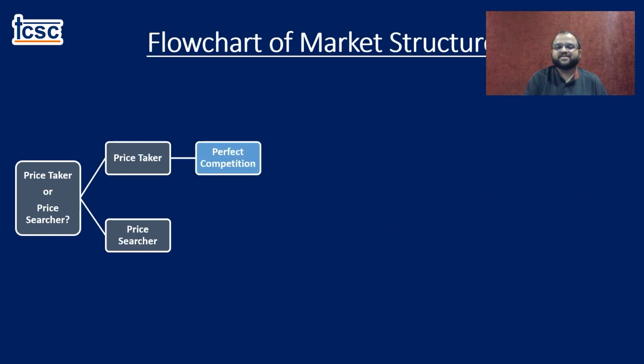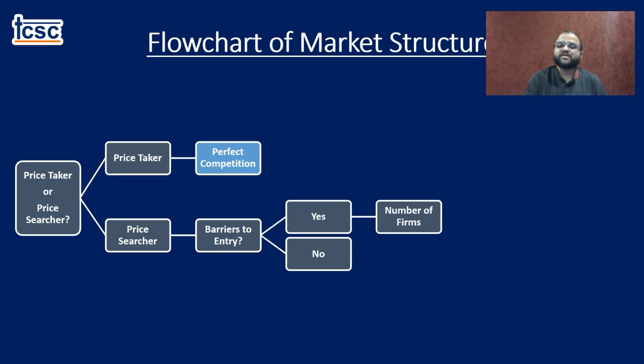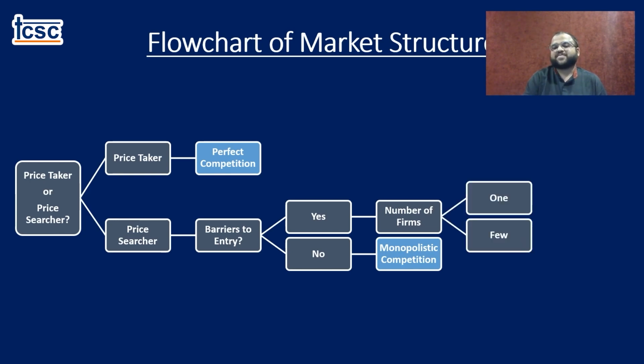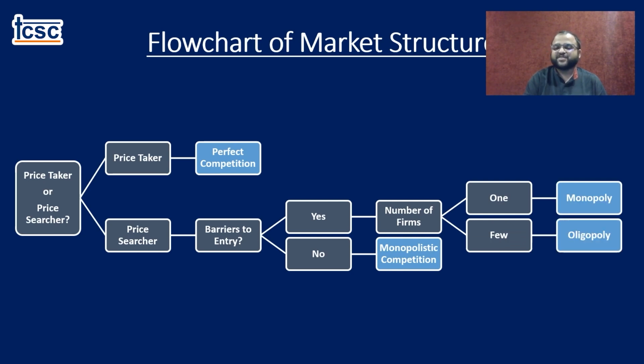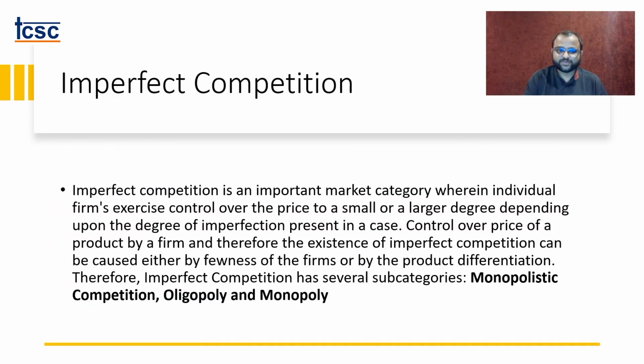If it is a price taker, we technically are jumping into perfect competition. But if it is a price maker, we try to understand whether there are entries or not. If there are entries, how many firms are there? If there are no entries, then you are in monopolistic competition. If the number of firms is different: single firm, monopoly; few firms, oligopoly. This is a very simple way to logically understand the whole process.